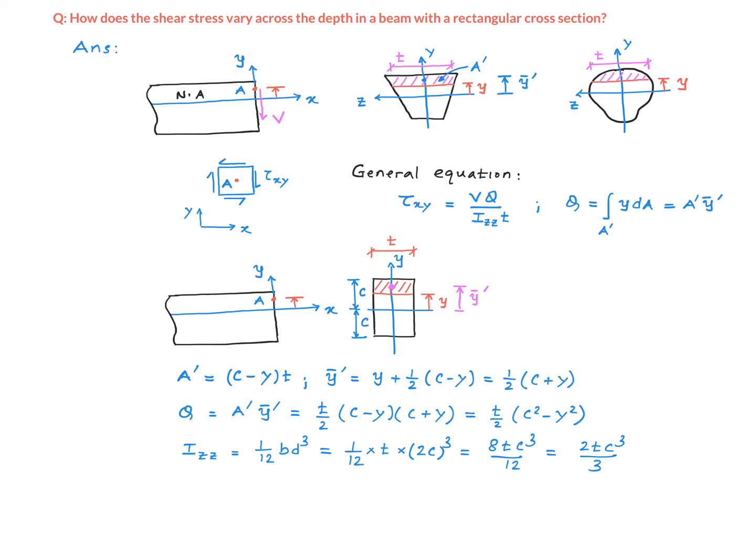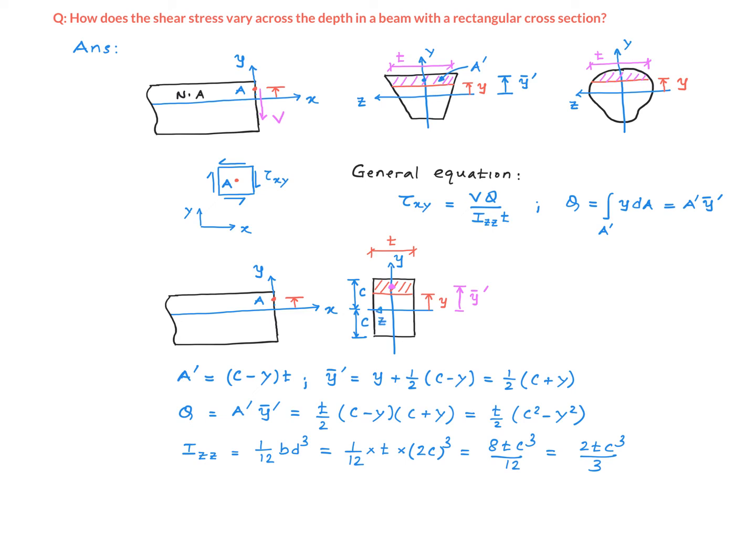A prime is this, and y bar prime is this. So you substitute those two quantities in this equation. And then you might recall the formula that c minus y times c plus y is c squared minus y squared, right? And therefore Q is simply t over 2 multiplied by c squared minus y squared.